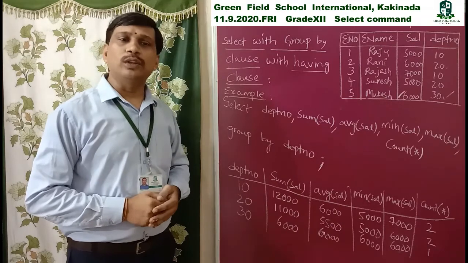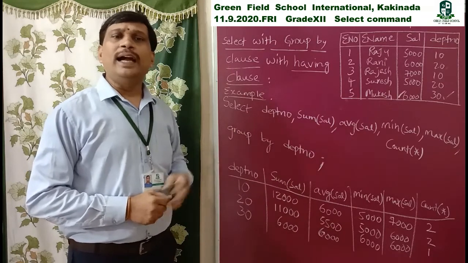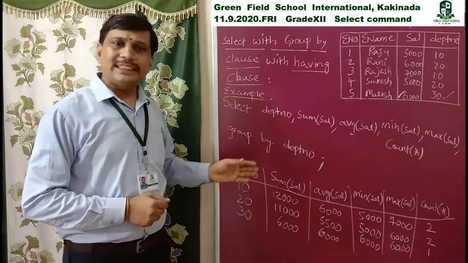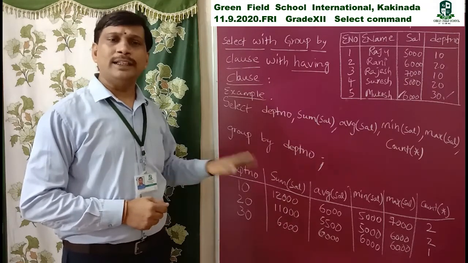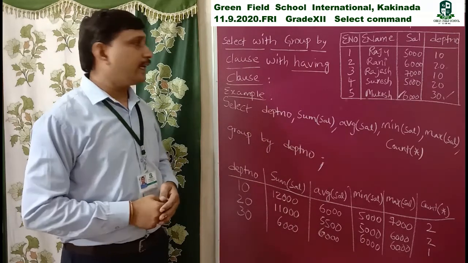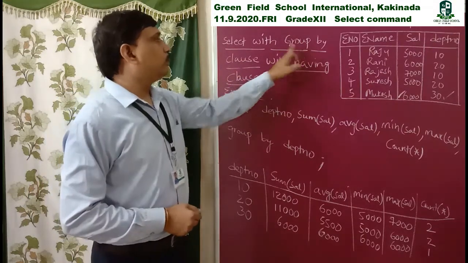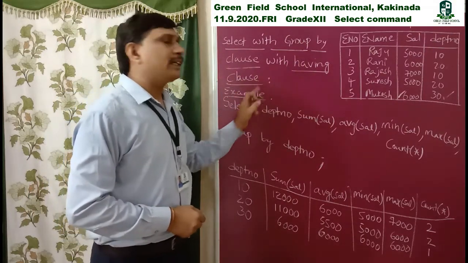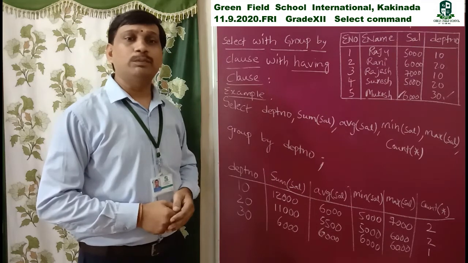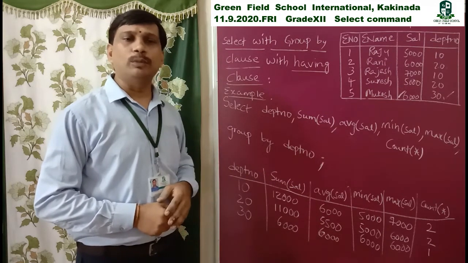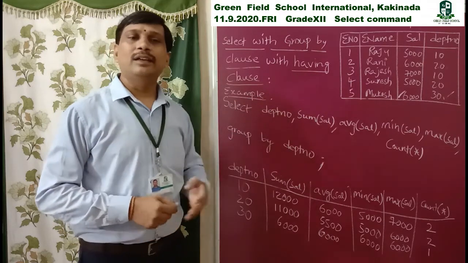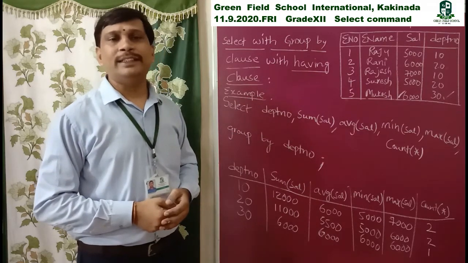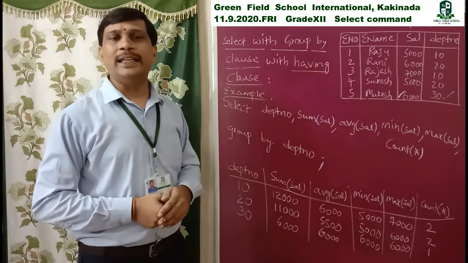Up to now we discussed only group by and aggregate columns. In this example, I continue the same example, that is group by clause with a having clause. Up to now I used only group by. This time I add one more clause, having condition.